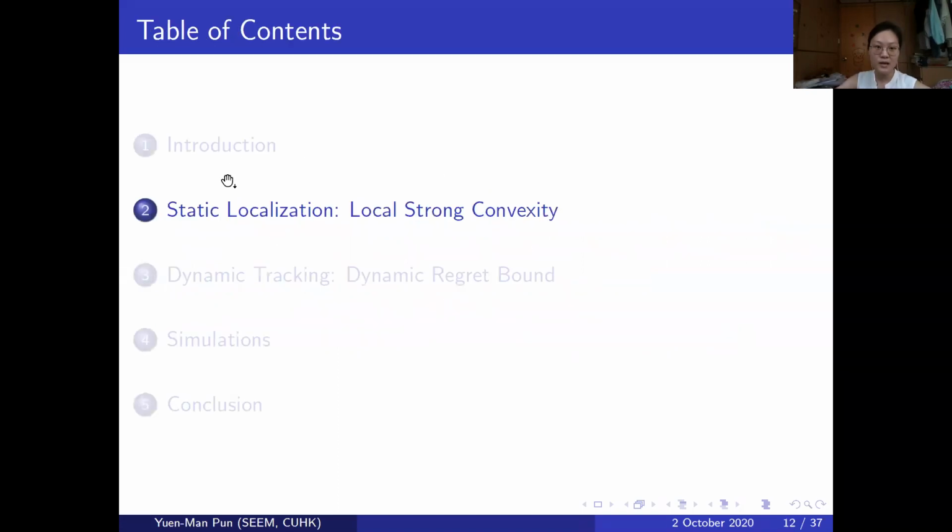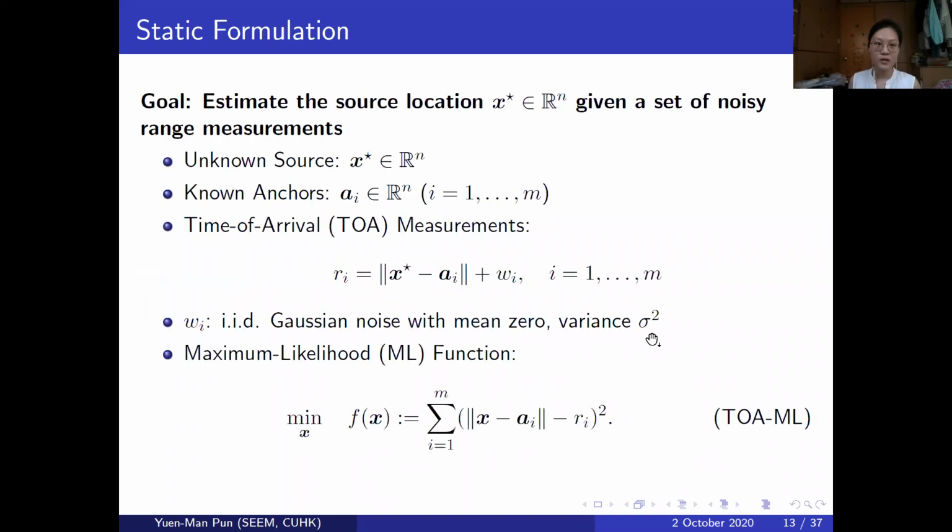So let's begin with local strong convexity results for static localization. From now on, for static localization, we will remove all the t because we don't need the time t. The notations are similar.